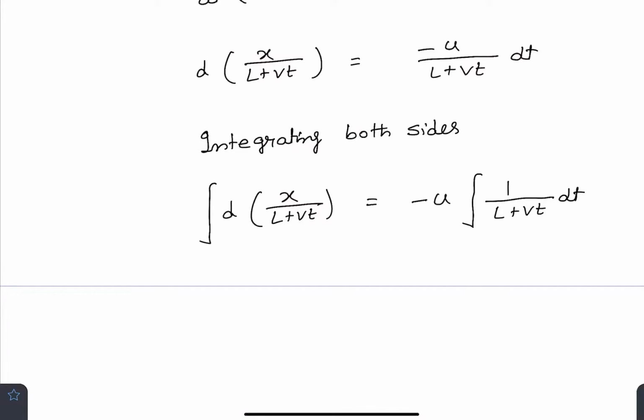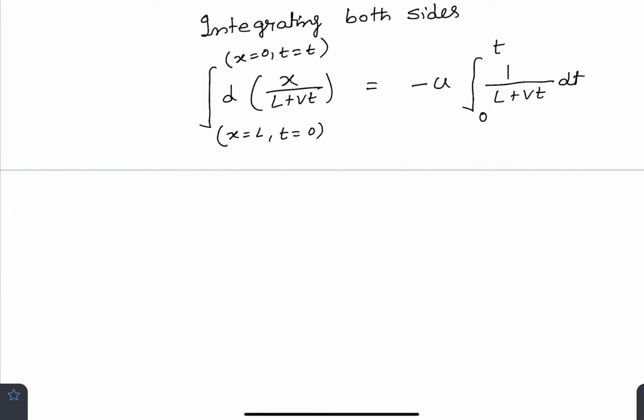On the right hand side, motion started at t equal to 0 and we are assuming that it ends at t. On the left hand side, we have two variables x and t. Initially x was L, the position of the ant was at the right hand end, so x is L and t was 0. Finally the ant reaches the left end, so x equal to 0 and t would be equal to t. The integration of dz is simply z, so this becomes x upon L plus Vt simply.